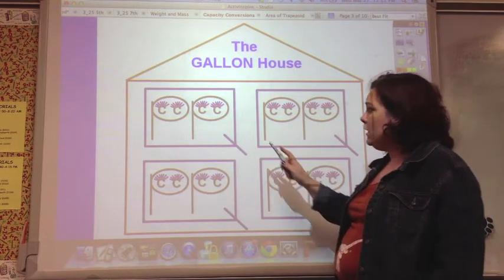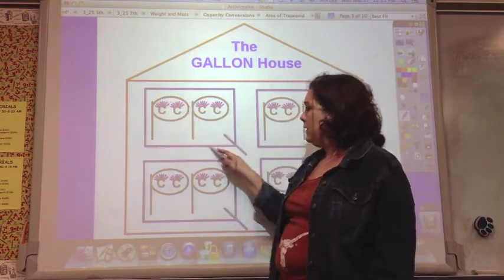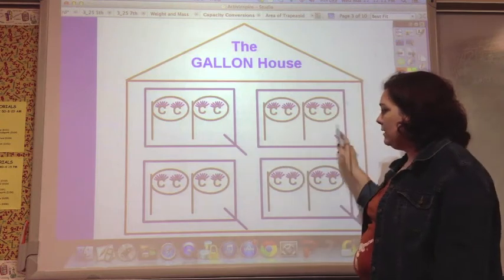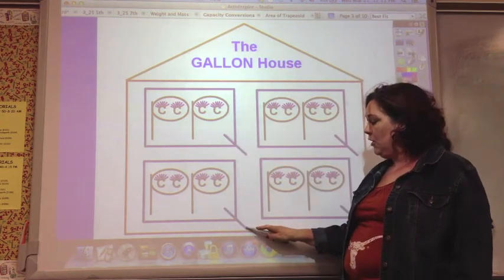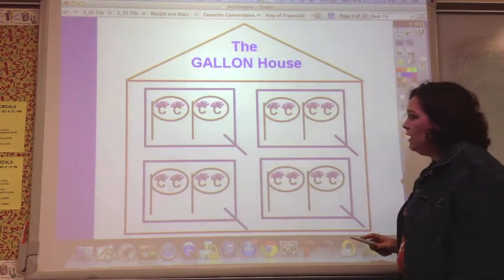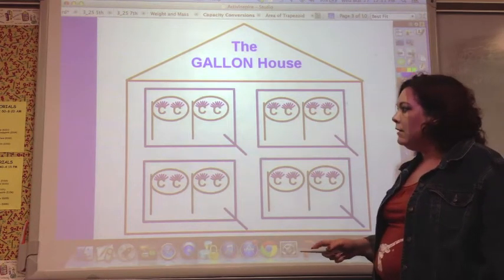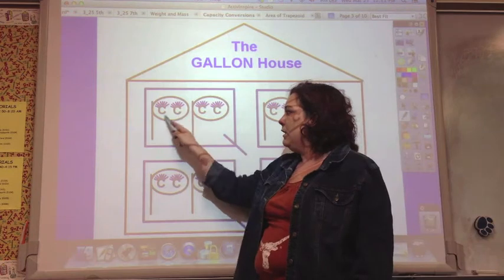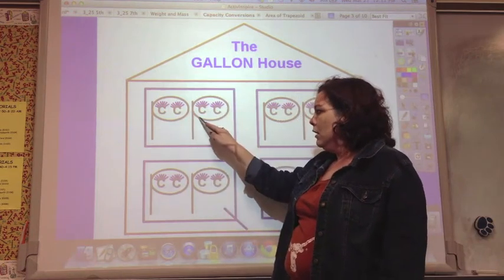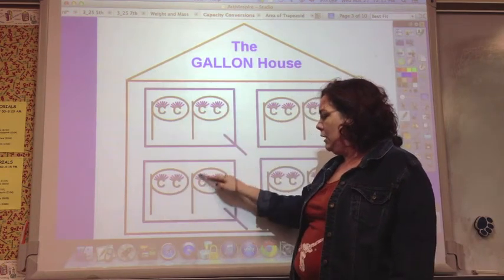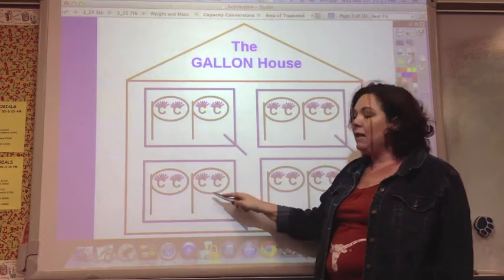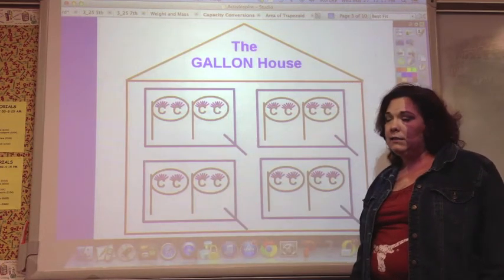So the first thing you draw is windows, and there's 4 windows in this house, and you can make them Q's by putting a line, and so that would stand for 4 quarts. And then there's 2 people in each of these windows, and these people stand for pints.